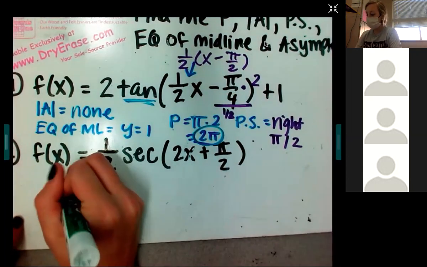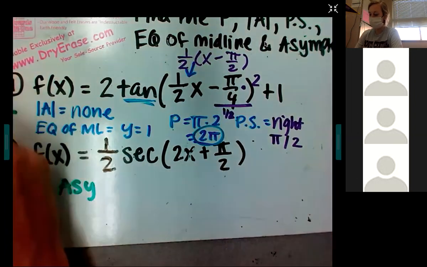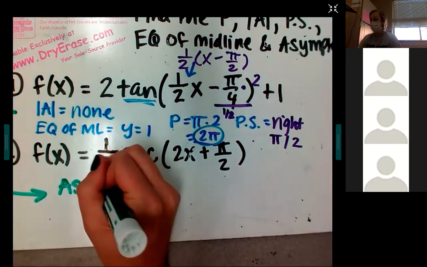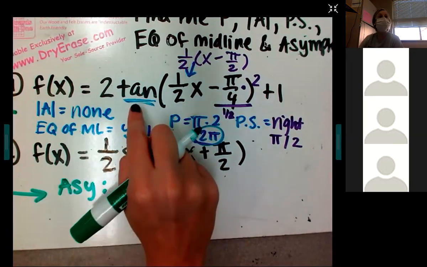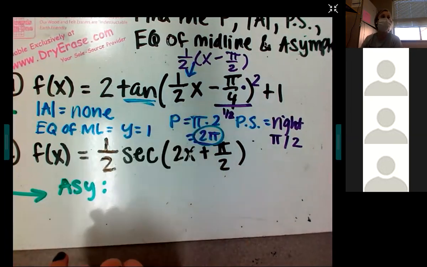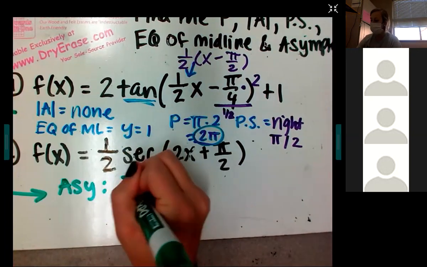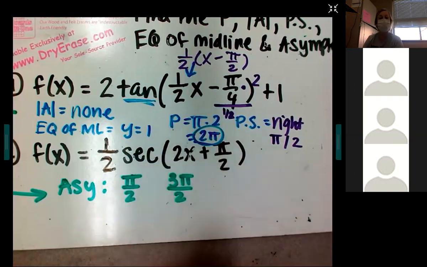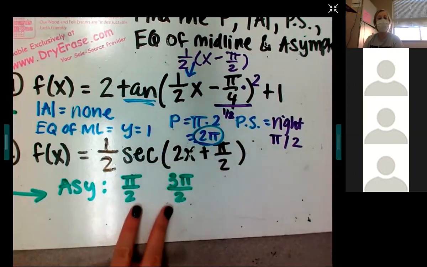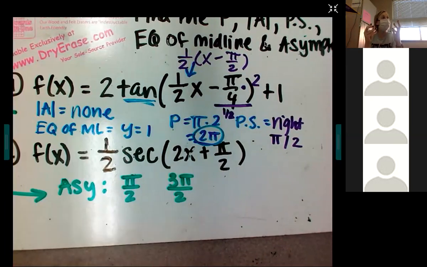So the asymptotes for number 1. Where are my asymptotes supposed to be for a tangent function? Very good. Pi over 2 and 3 pi over 2, right? And they should both say x equals. So to each of these asymptotes, because they are in the period, I'm stretching them by 2, and then I'm moving them right pi over 2.